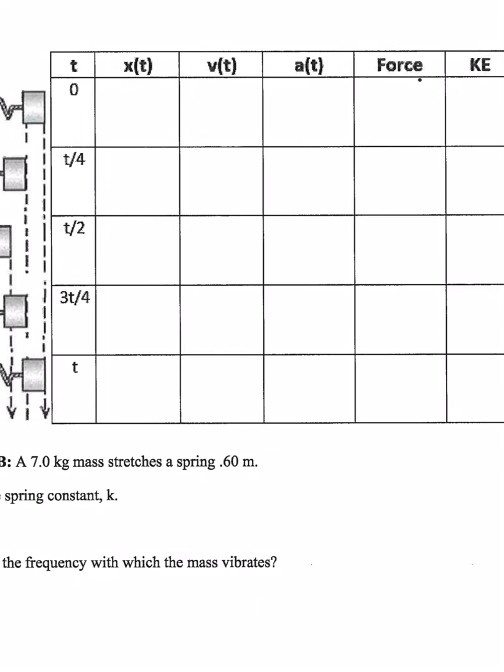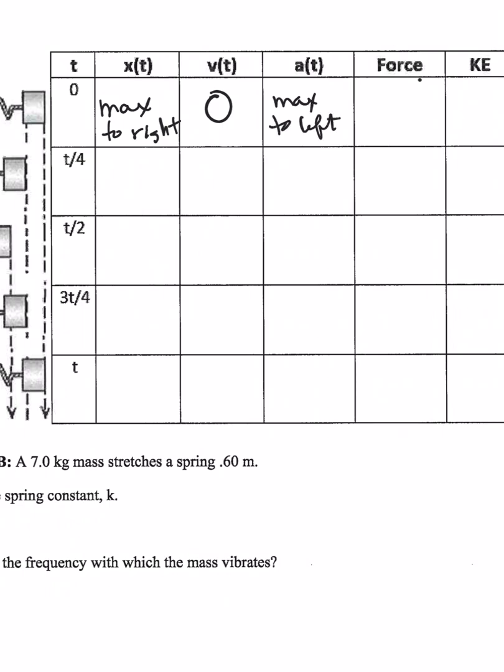So what is the displacement at t equals 0? Max, yep. Max to the right. Which means the velocity is 0. Acceleration is, yep, max to the left.